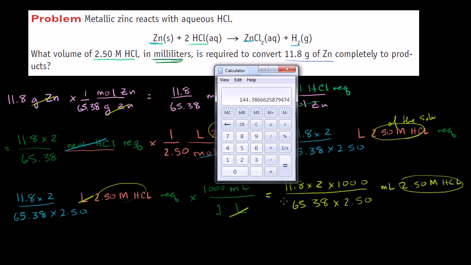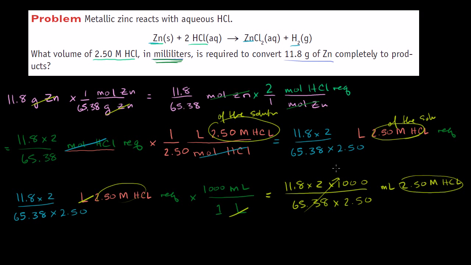And actually, a couple of numbers here only have 3 significant digits, so we should really only stick to 3 significant digits. So it's 144 milliliters. So this right here is 144 milliliters of the 2.5 molar hydrochloric acid solution. And we're done. Hopefully you found that fun.